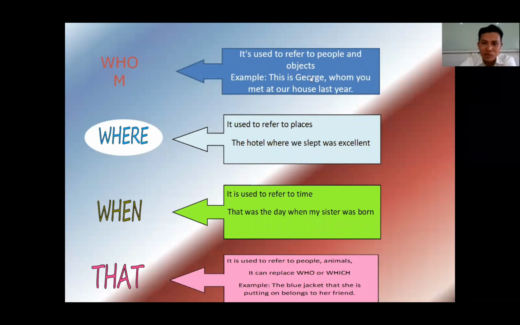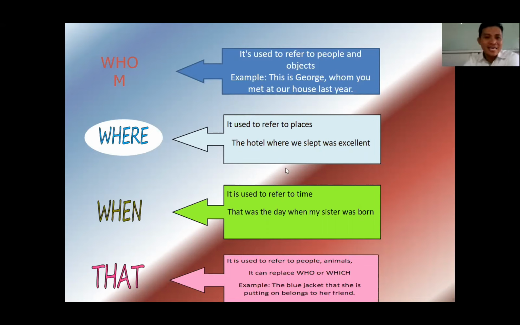So we don't use George here; George is replaced by whom. So: whom you met at her house last year. After whom come subject and predicate.